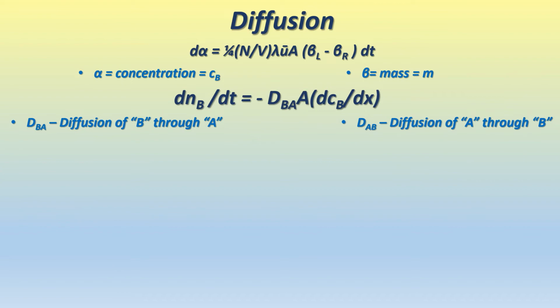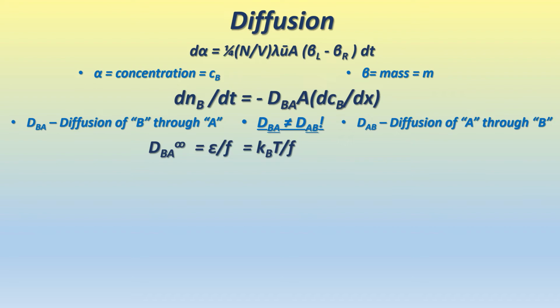D_AB would be the diffusion of solvents through the solute B, and in any given solution, these two are not going to be equal to each other. That's the experimental result. Theoretically, at infinite dilution, the diffusion coefficient is simply the ratio of the force moving the particle forward divided by the friction that is trying to stop it.